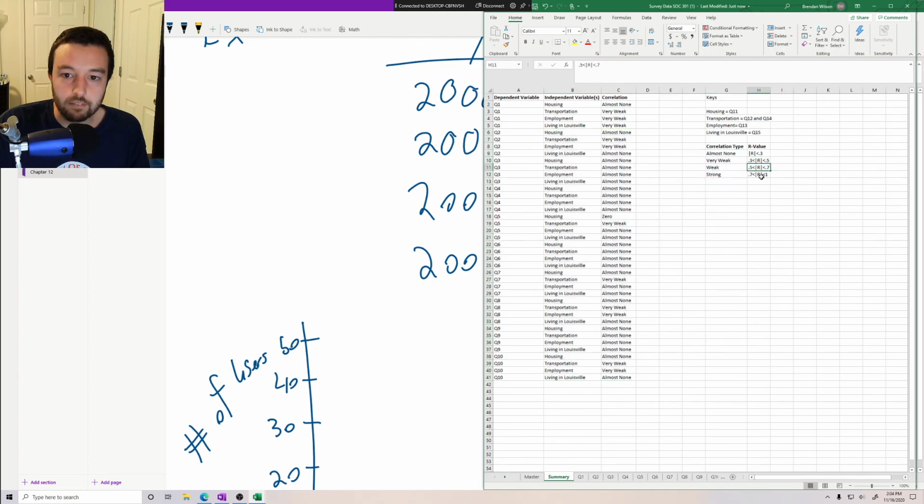I found what the R values were for all of them using that data analysis tool, and then I made the summary right here. So there was almost no correlation between any of the variables, which meant that those surveys, we didn't really end up being able to do much with them, because there was no significant data from them.